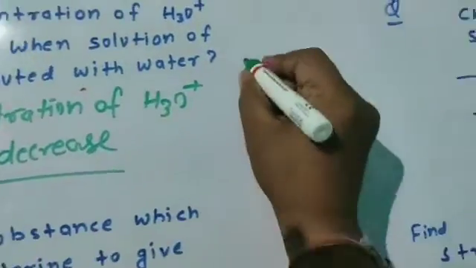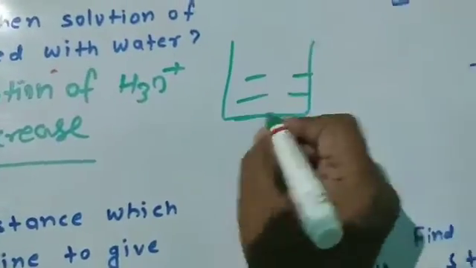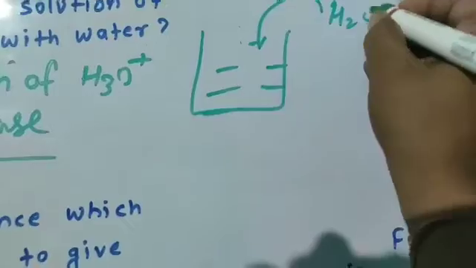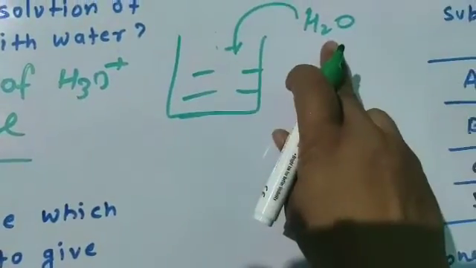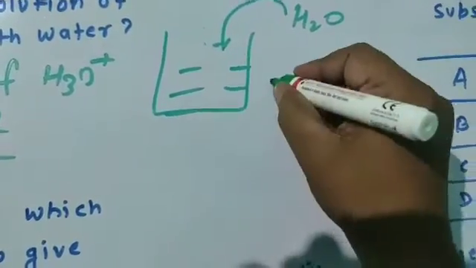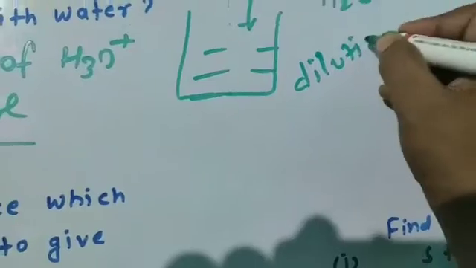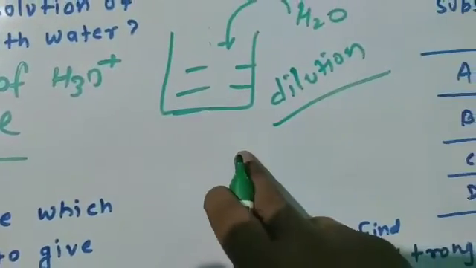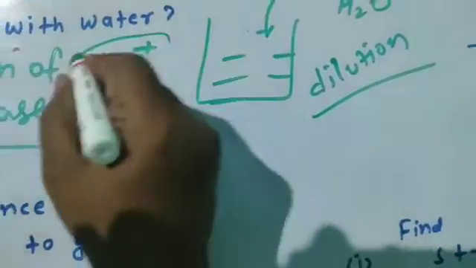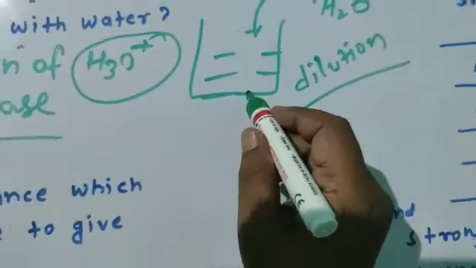Dilution means that when there is an acid and we add water into the solution, the process is called dilution. And if dilution takes place, then the high concentration of hydronium ion will decrease per unit volume.